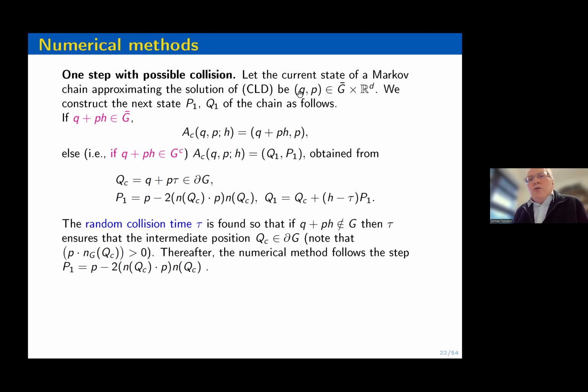We assume that currently we are at Q, P. And then we check whether we need to do something about the boundary of the domain or not.